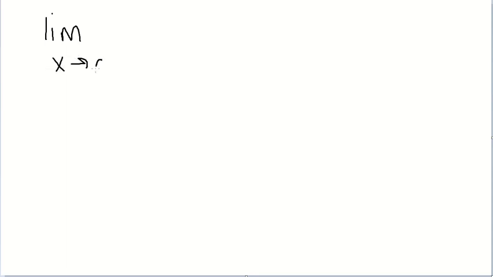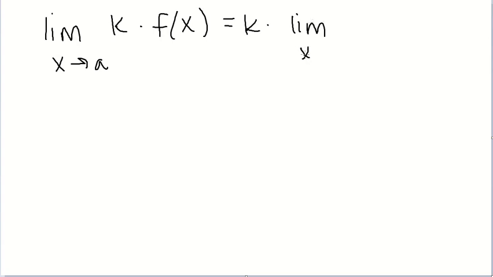So one of those is if we're taking the limit of k times some function, where k is just some constant, some number, that is equal to k times the limit as x approaches a of that function. So you can see here that what I did is I moved the k out front.